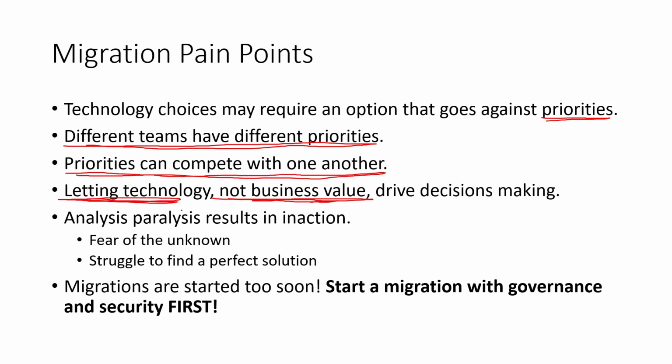And then there's analysis paralysis. Fear of the unknown is a big one, as is finding the perfect solution, because with cloud there really is never a perfect solution. Ultimately you're using somebody else's computer, so you have to adopt some of their assumptions and opinions to make your applications work.